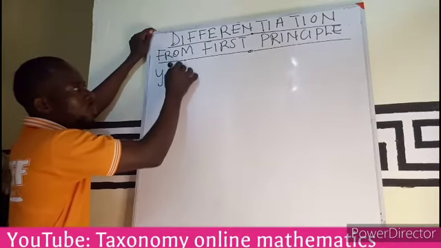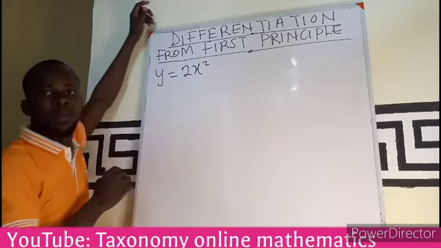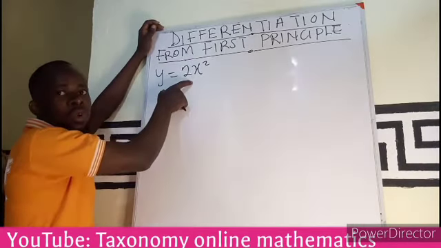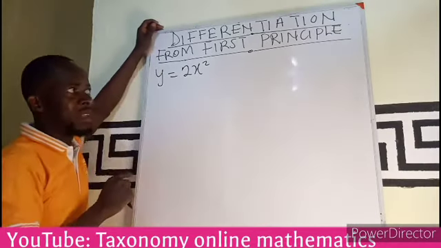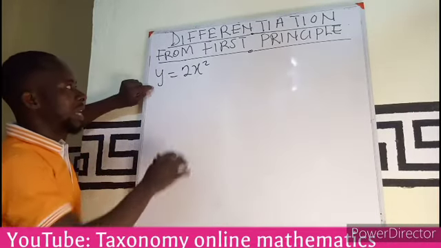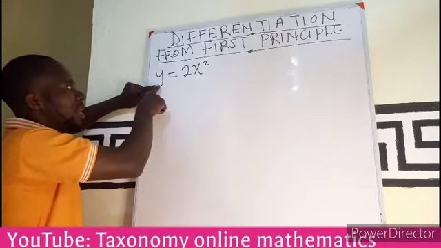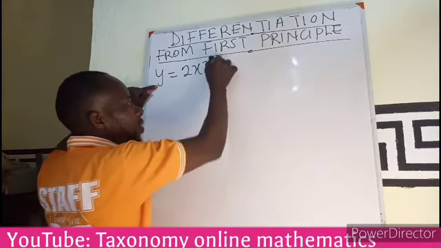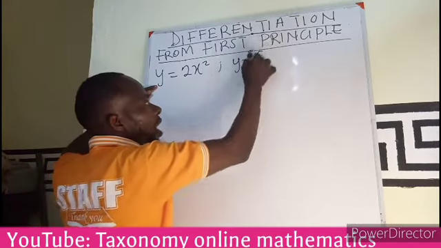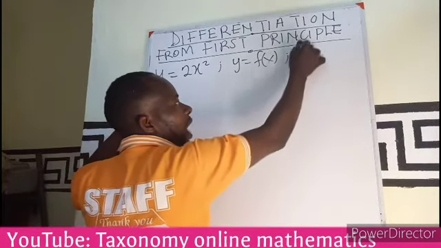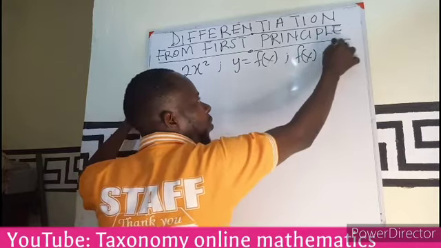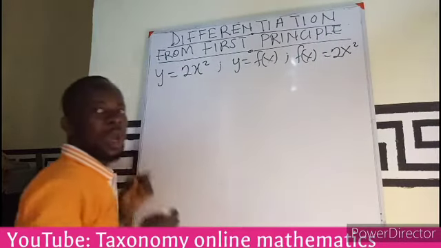So if you have y equals 2x squared and you are asked to differentiate this with respect to x from the first principle, what we do is that from the formula we know that y is the same as f(x). So that means our f(x) is the same as what? 2x squared.